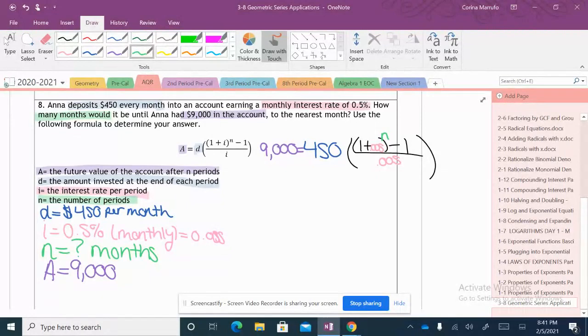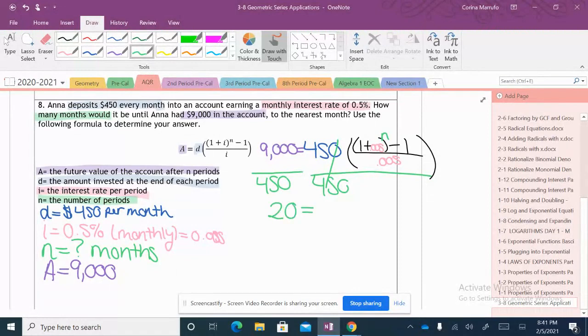Okay, so first we're going to get rid of that 450 that's here. So I'm going to divide both sides by 450. This cancels. Let me put this in my calculator real quick. 9,000 divided by 450. That gives me 20.